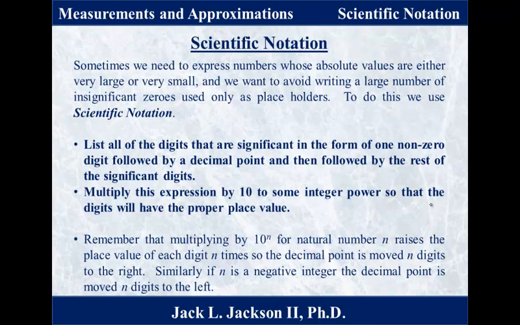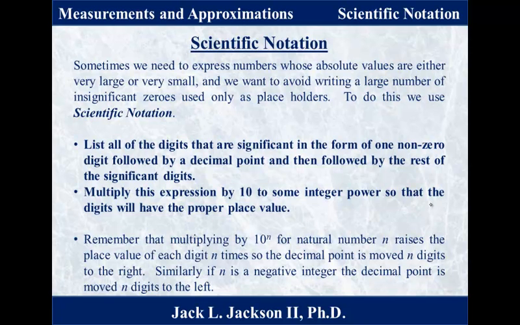Basically what you do in scientific notation is list all the digits that are significant, without reference to place value, and right after the first one that's non-zero, there's going to be a decimal point and then the other digits. Then you multiply that number by 10 to some integer power so that the digits will have the proper place value.